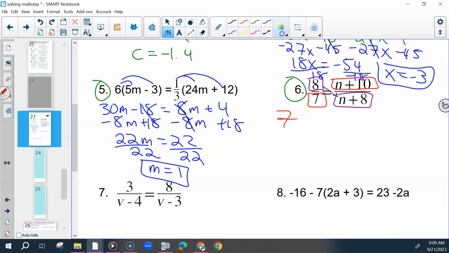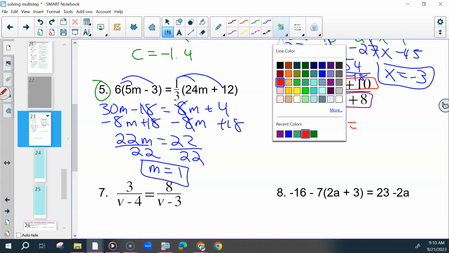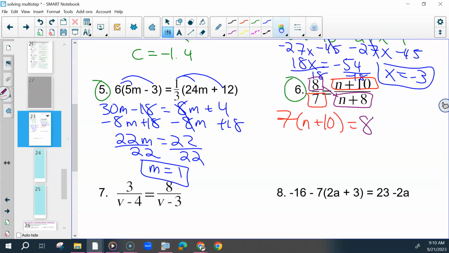So 7 times n minus 10, sorry, n plus 10, in parentheses, and then 8 times n plus 2. Start to distribute. Like this or this. If you put 8 parentheses n plus 8 on the left, that's fine.